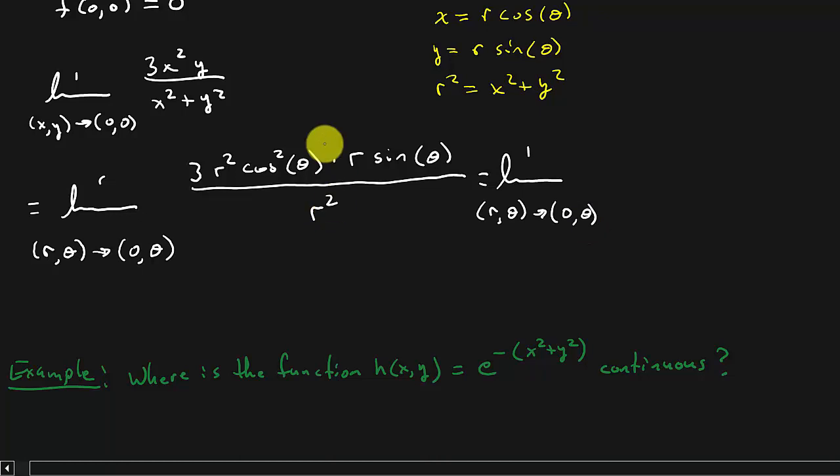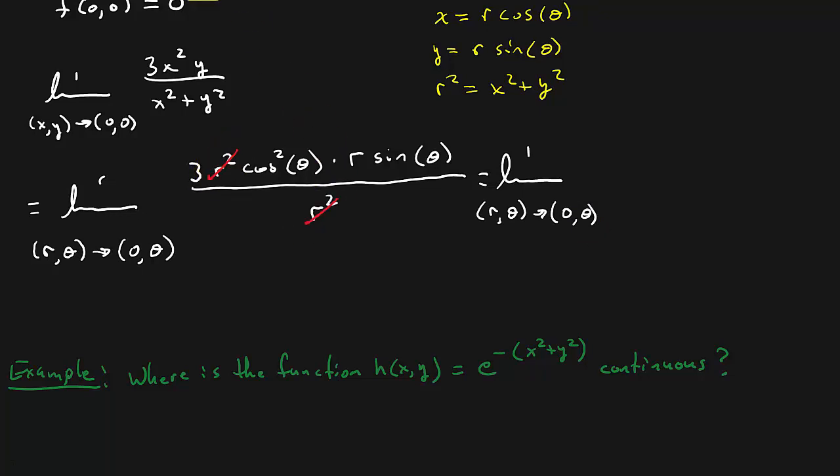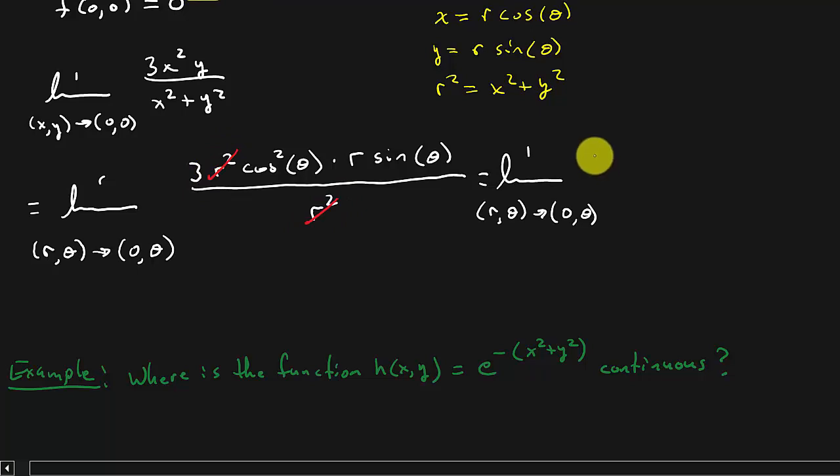Now let's look and see what we can do here. So see how this r squared and this r squared cancels out? That's going to leave us with 3r cosine squared theta sine theta, right? And that is just equal to what? Well, r is going to 0, so that's 0 times whatever, that is just 0.